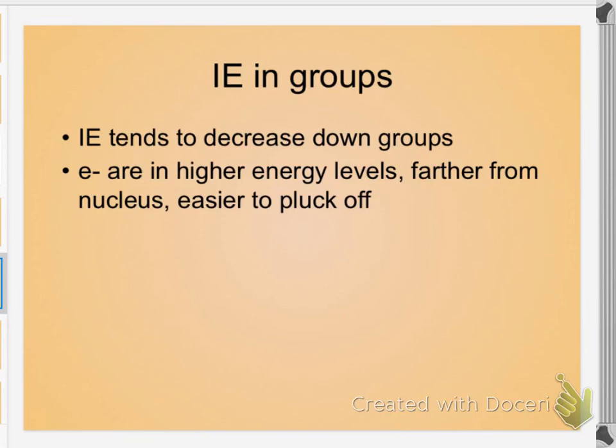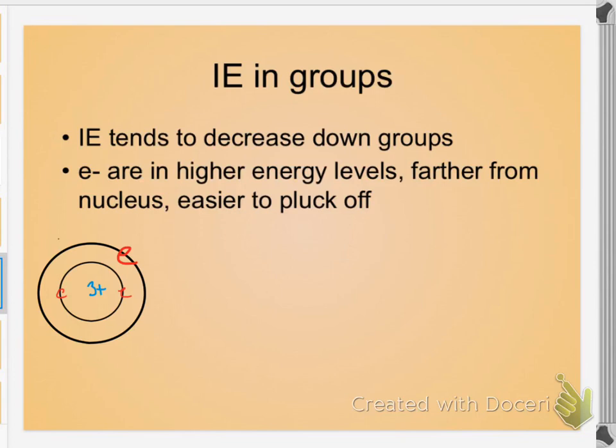Now, when we go down a group, so let's go ahead and look at group 1. What's the top of group 1? Put your finger on it. Okay, so we're looking at group 1 here. How many energy levels are between the nucleus and that outermost electron? 1.